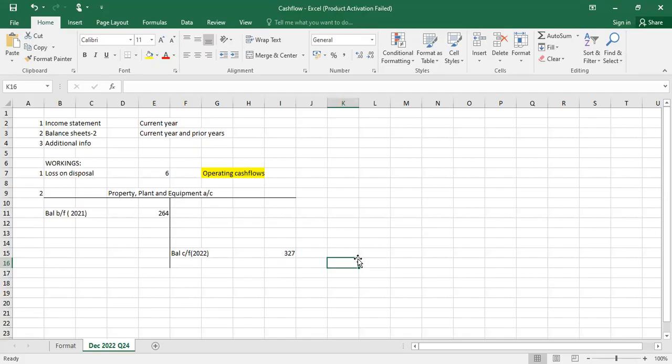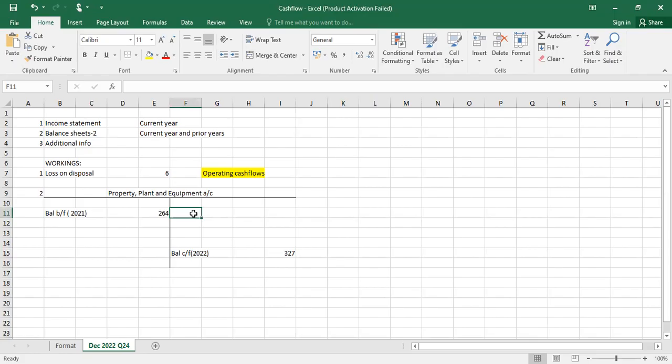Note number 1 says that we have disposal. And disposal normally means that you decrease the asset account. So in this case, we shall decrease PPE. Being an asset, it's a debit; to decrease it, you credit.